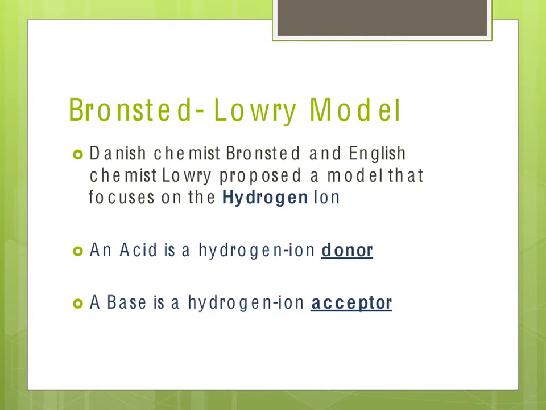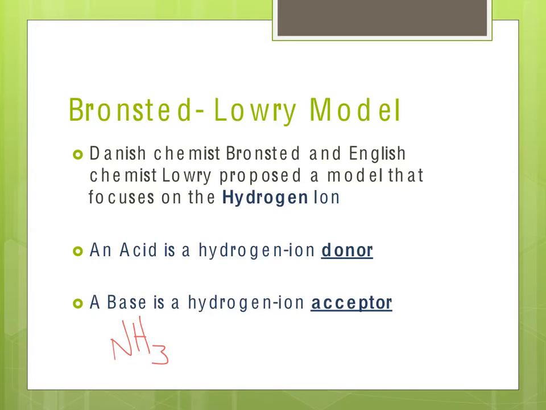Now this was helpful because it helped explain why certain bases that do not have hydroxide still act as a base, because they may not have hydroxide, but they would accept the hydrogens that were being produced by acids. So for example, let's say ammonia, which is NH3.